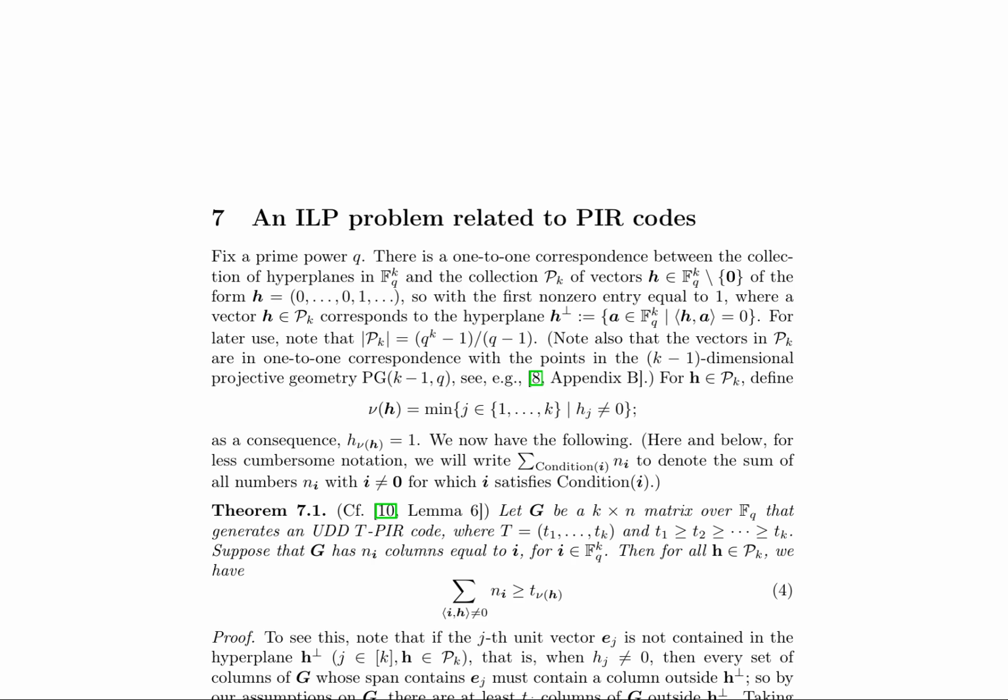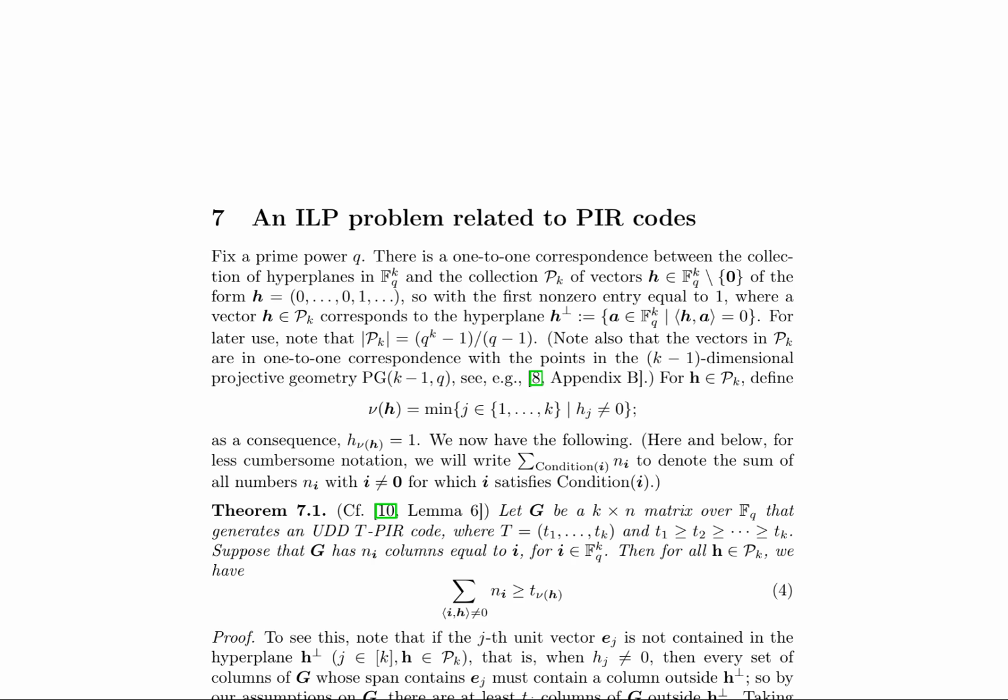It aims to find the minimum number of columns n in a k times n matrix G that generates a t-PIR code, where G has n_i columns equal to i for i in F_q^k minus {0}. The ILP problem, denoted as ILP(t), consists of non-negative integer variables n_i for i in F_q^k minus {0}, and the objective function to minimize is n equals the sum of n_i.